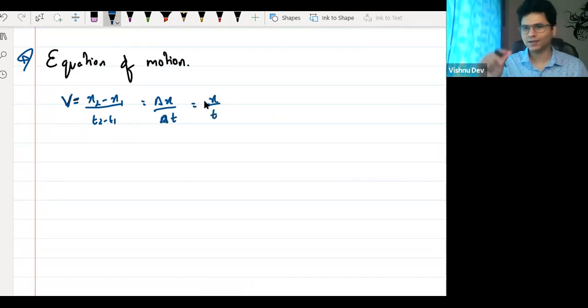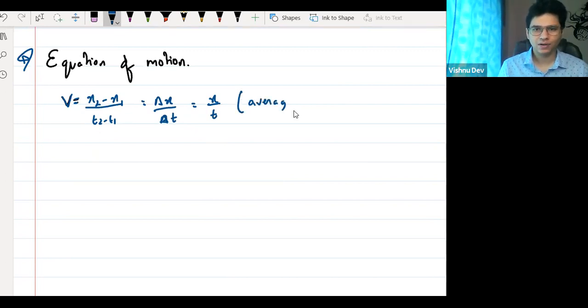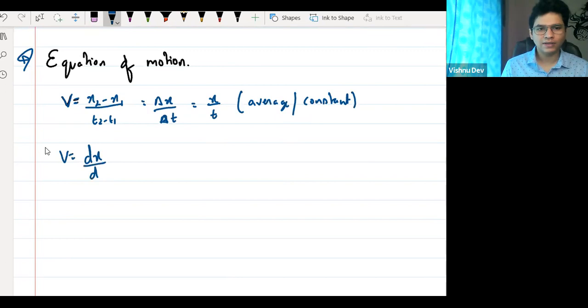X is total displacement and t is time taken. But in all these cases, it is your average, either average or constant. Yes or no? But if I'm talking about instantaneous, then v is equal to dx by dt. Okay, dx by dt. And this is only for foundation students.